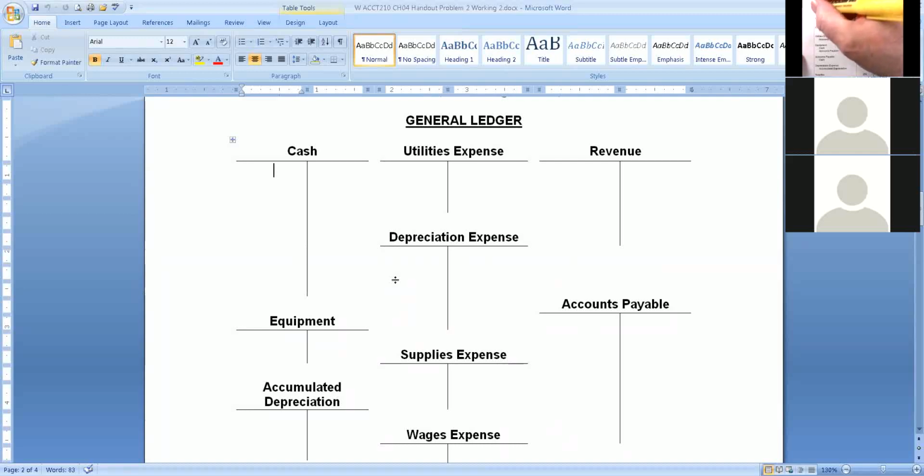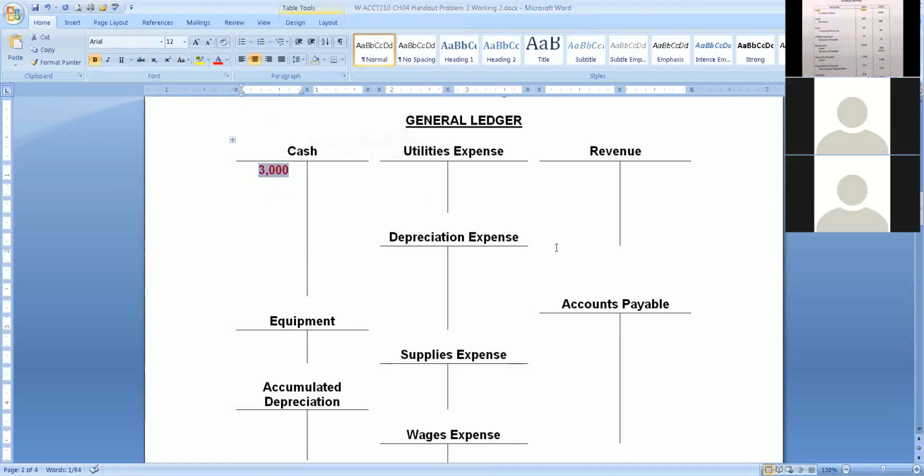Okay, so we're going to do, so cash has a debit 3,000. So we're going to put 3,000 in cash. Make that red, I guess.